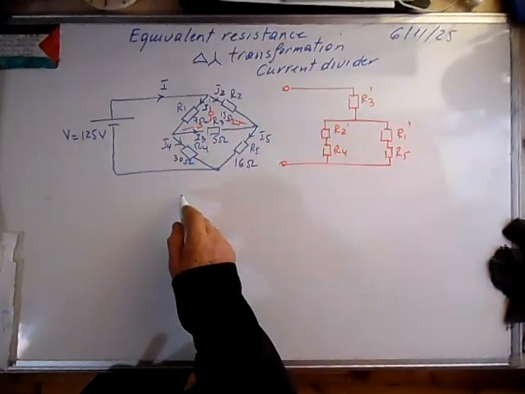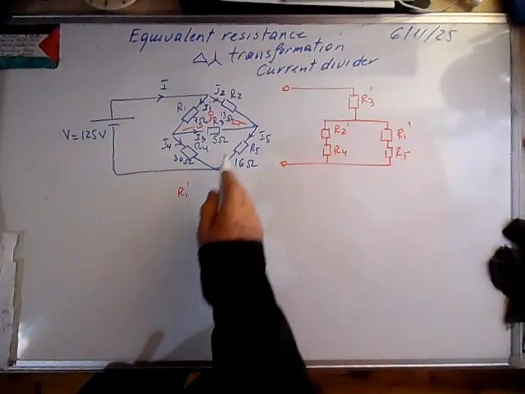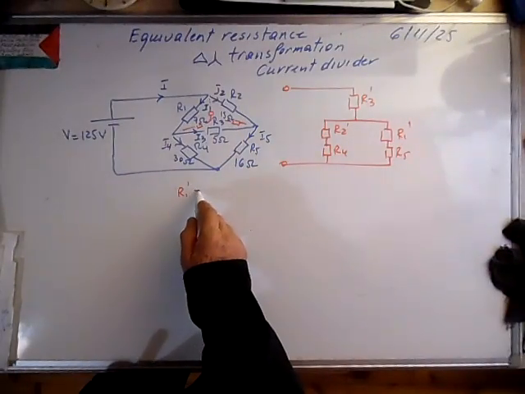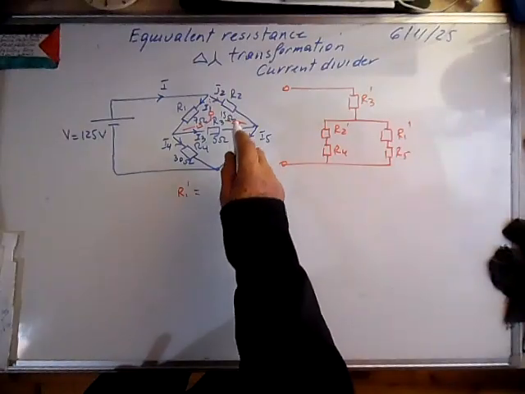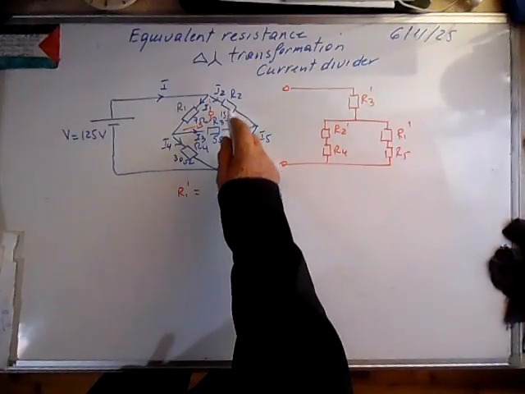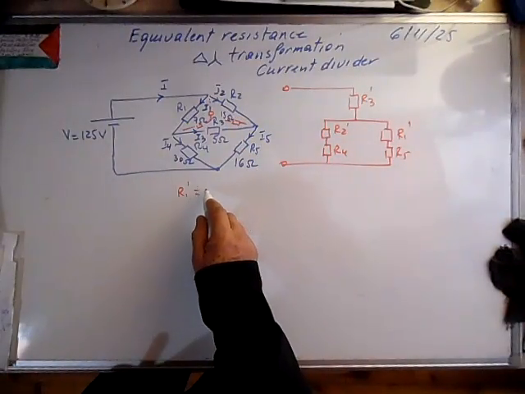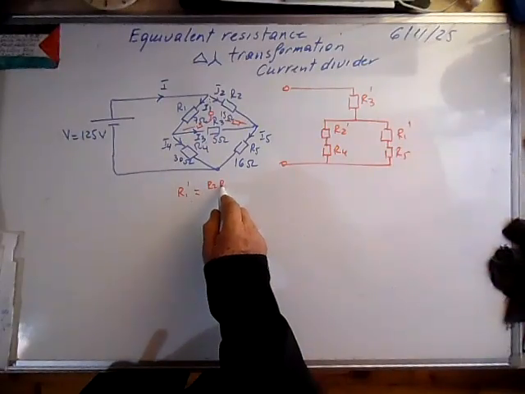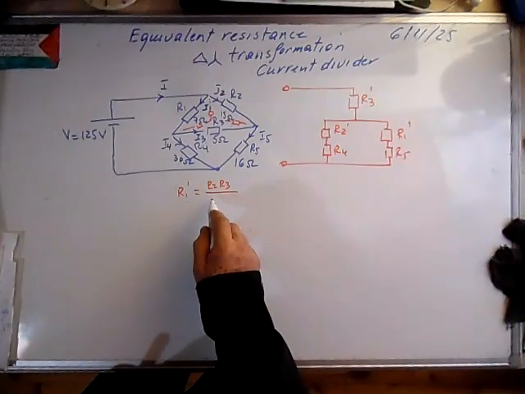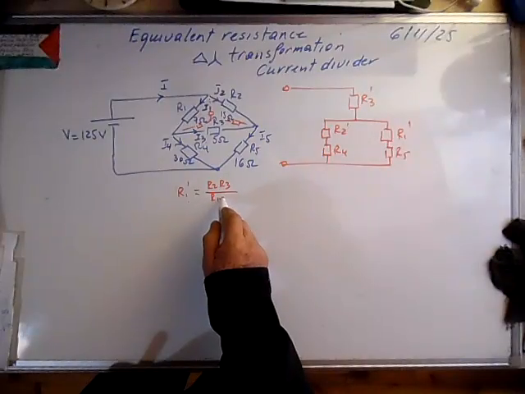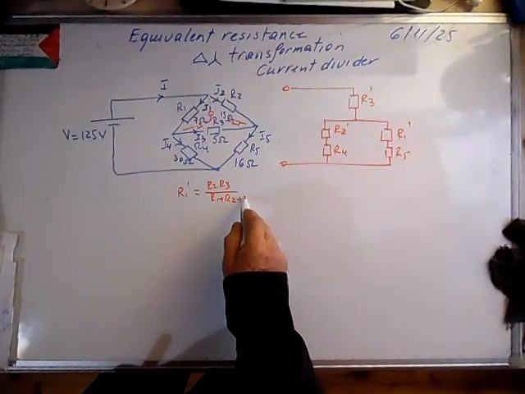R1 prime is R2 times R3 over the sum of the three, R1 plus R2 plus R3.